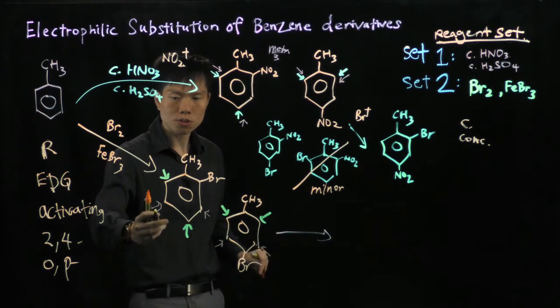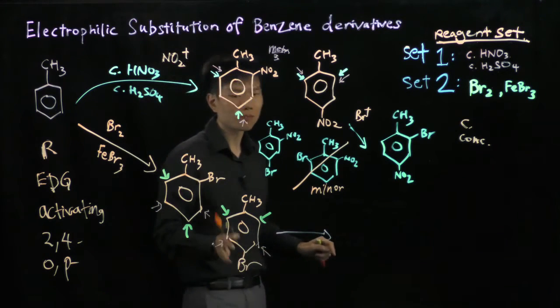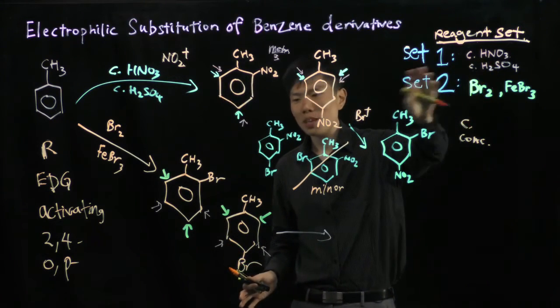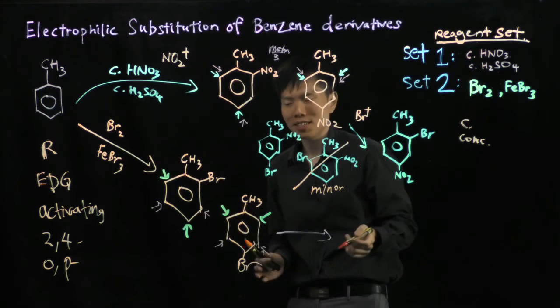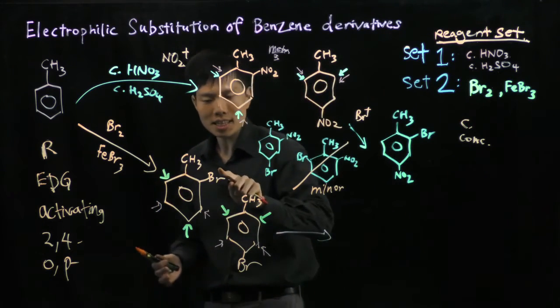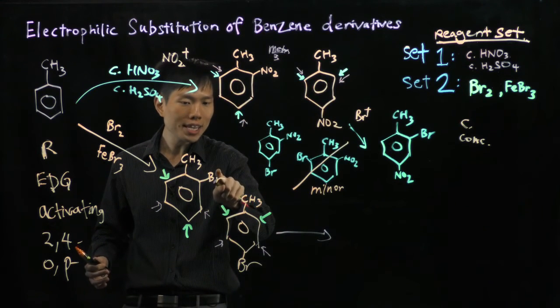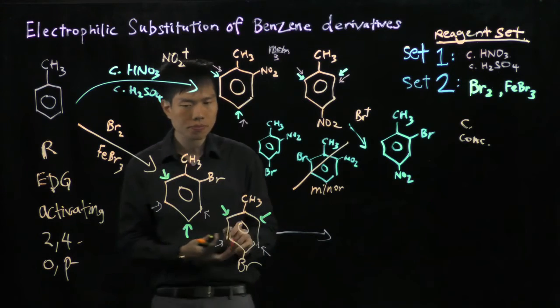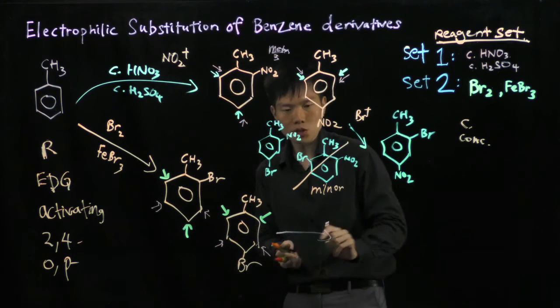Bromine wants it to go to the red arrow. So the next substituent here, which is your NO2, will be slightly confused. So it could be random, but let's analyze. Bromine is electron withdrawing, is deactivating, whereas the methyl group is activating. So you could have some mixture of products.